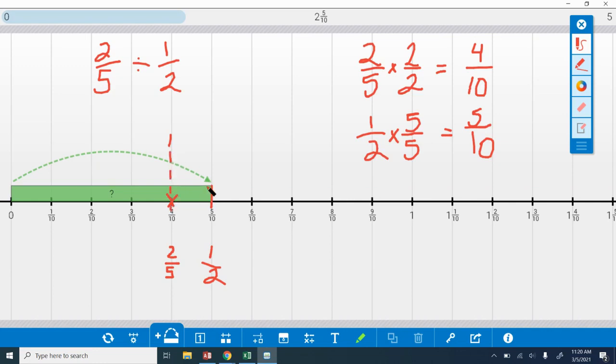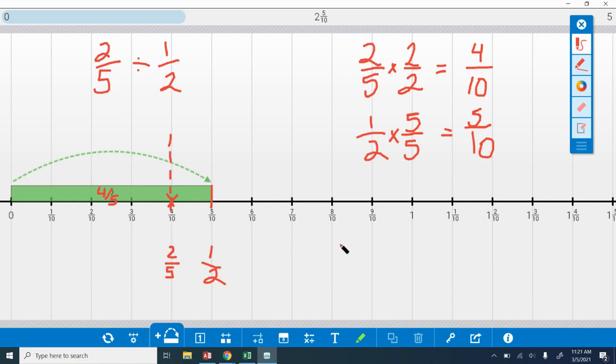So how much of the 1/2 jump is in the 2/5? How many groups of 1/2 are in 2/5? Well, let's see. 1, 2, 3, 4 parts out of 5 parts total. I think the answer is 4/5, but we're going to check that using our common denominator division notation strategy.